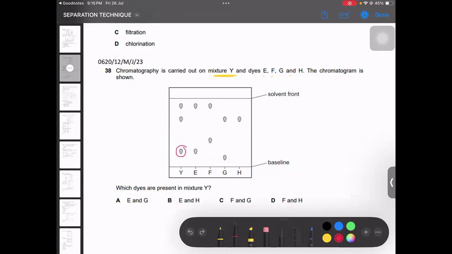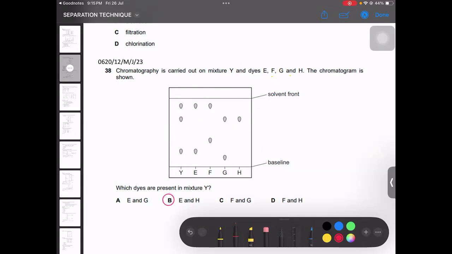These two spots are matched, having the same RF value, and these are matched too, and they also match E. Both are matched. But for G, there are two spots. One is matching, but another is not. So if you are going to solve these types of questions, you have to consider these things. That's why the answer is B.